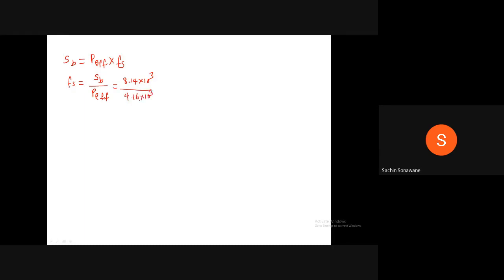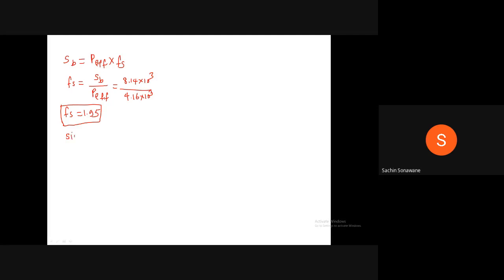The 10 raised to 3 gets cancelled. 8.14 divided by 4.16 is 1.95. Our design is safe and module is 3 mm. Whatever we have calculated is correct.